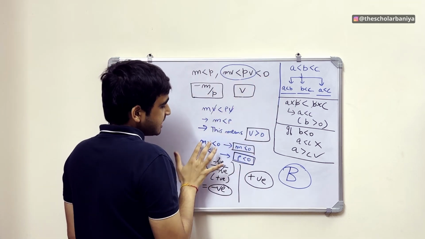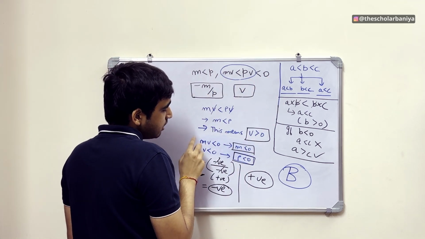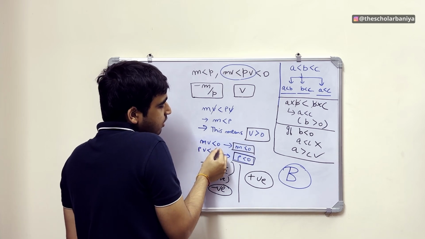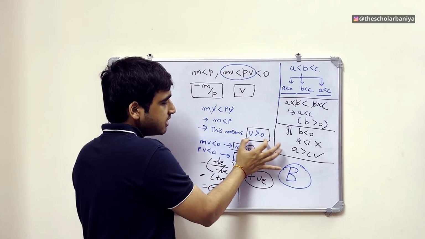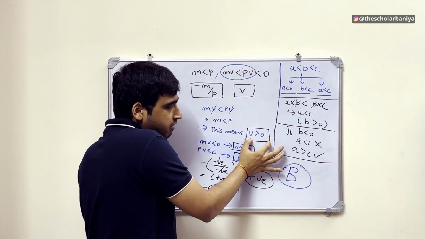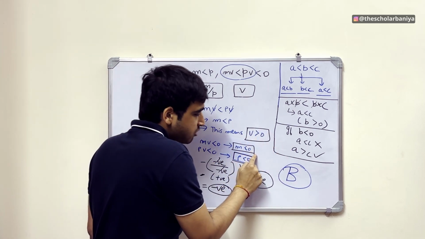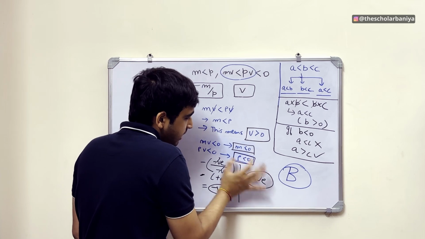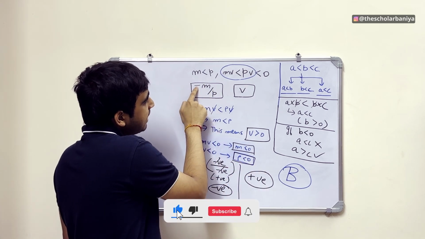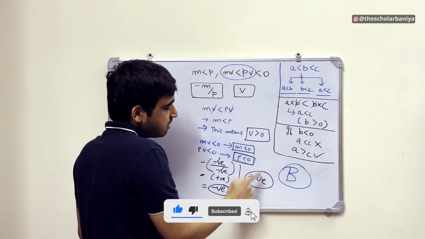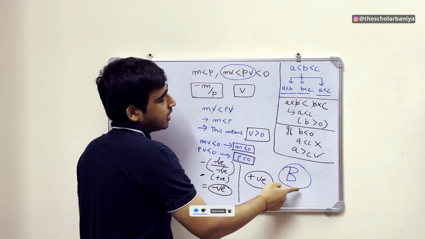Now, mv is less than 0. If a term is less than 0, that means one has to be positive and the other negative. Since v is positive, we know that m has to be negative. Similarly, p has to be negative. Now, negative upon negative is positive, positive into negative is negative. v is positive, so this is greater. So the answer is B.